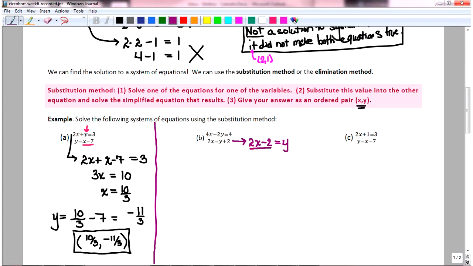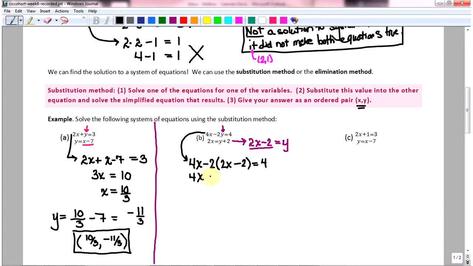And now I can plug that value of 2x minus 2 into y in the first equation. So my first equation now will be 4x minus 2 times, instead of y, I have 2x minus 2 equals 4. And now we need to solve that.